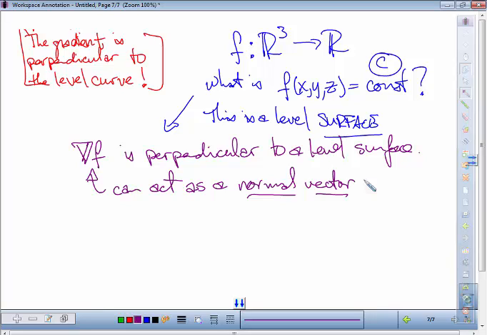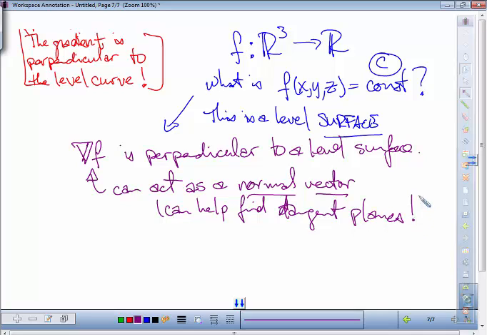No. You guys are on the same plane? You get path? Direction? Dimension? No. It can act as a normal vector to help us find the tangent plane. I think you guys wanted to say tangent plane, right? So this can help us find tangent planes.